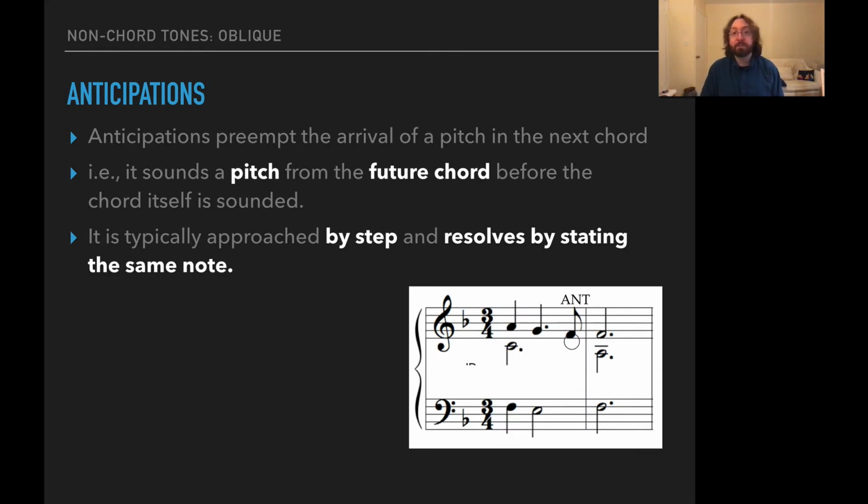Anticipations preempt the arrival of a pitch in the next chord. In other words, we sound the pitch from a future chord before the chord itself is sounded. Typically, this is approached by step and resolved by stating the same note. This very frequently occurs at cadences.